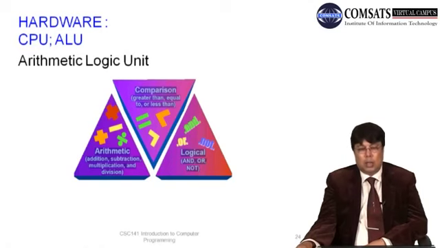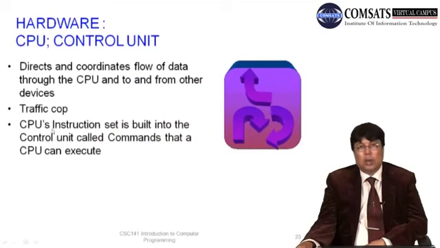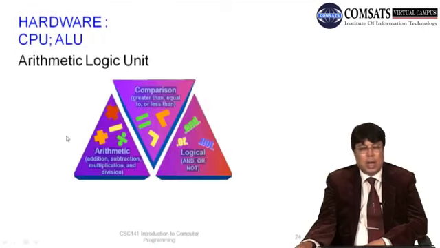So the control unit performs the control and has the instructions which are executed, and the arithmetic logic unit has these operations that can be performed by the central processing unit.